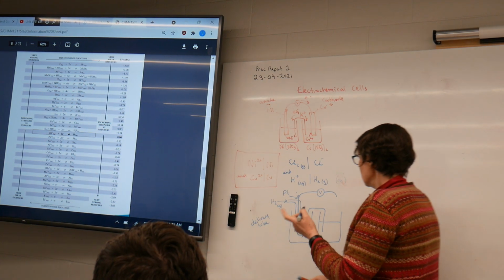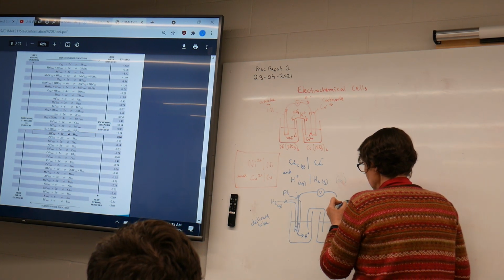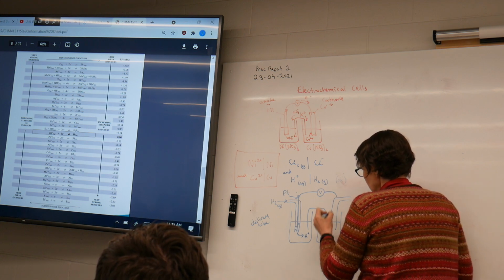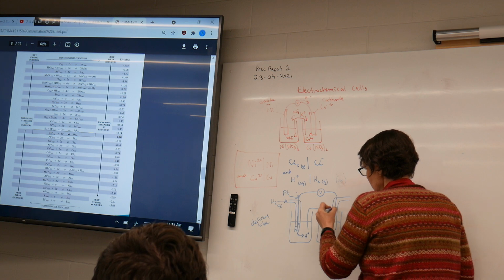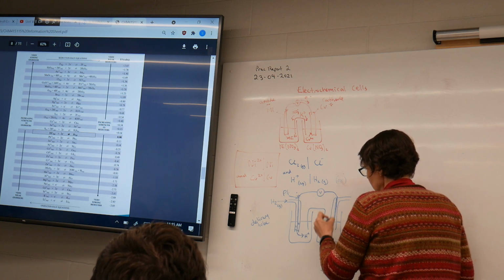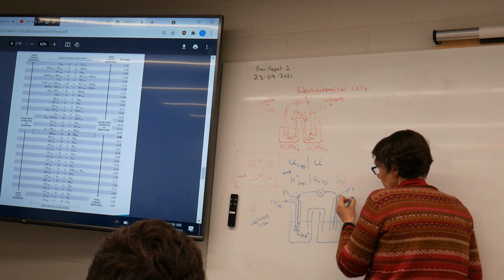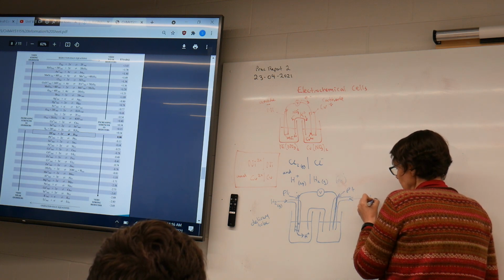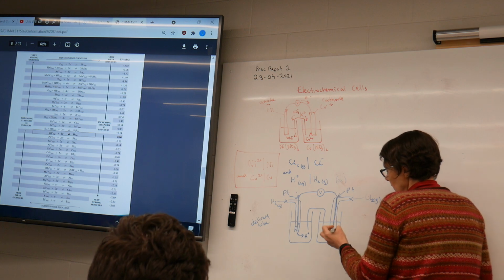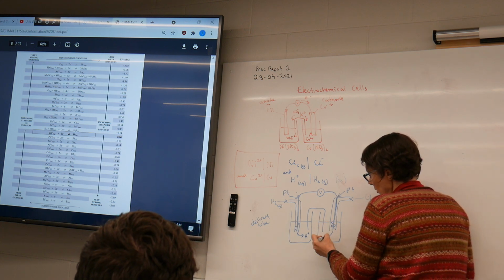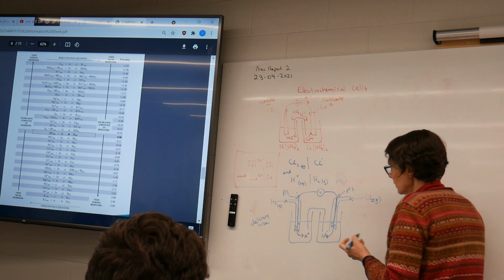And so I'm going to need a similar arrangement on this side. Where this again is a platinum electrode. I'm going to be delivering chlorine gas. So there's bubbles down here, and then coming off is the chloride ion.